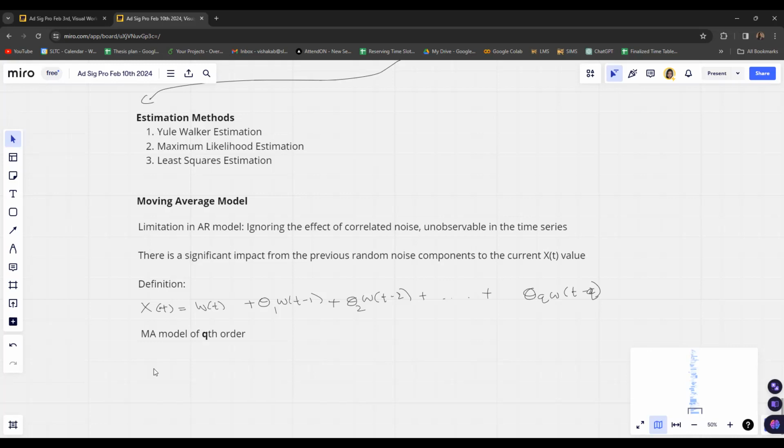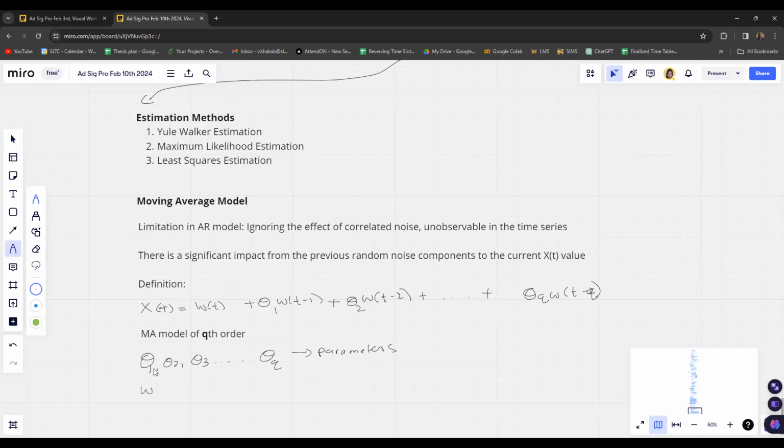So theta 1, theta 2, theta 3 up to theta Q are basically parameters of this model. And the W is given as a random process, which has a mean of 0 and a certain sigma value. Those theta values are known as the parameters of this model.